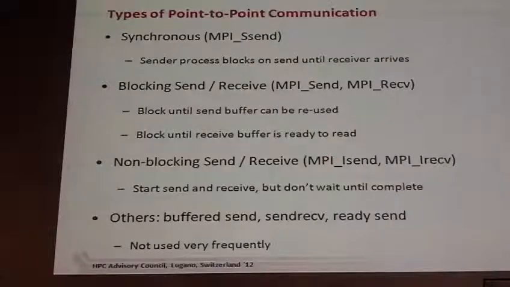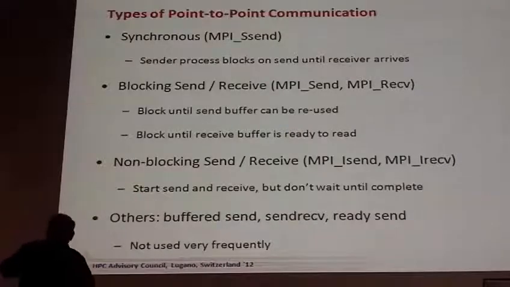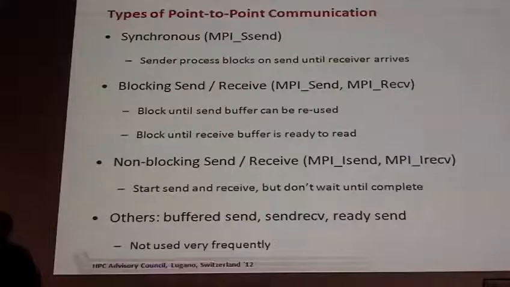These are non-blocking operations that start the send and receive, but don't wait for the operations to complete. You just say MPI I send, and the MPI library internally talks with the network and sends the data out. The processor is not waiting, and it moves ahead with the computation, and later it comes and checks whether the data has been sent or not. This allows you to get good overlap between computation and communication.